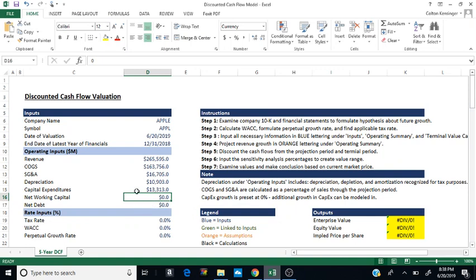So our net working capital is going to be a little bit of a formula that we're going to put in here. Basically our NWC is going to be our current assets minus our current liabilities, like day-to-day, which shows how the company's doing in the short term.